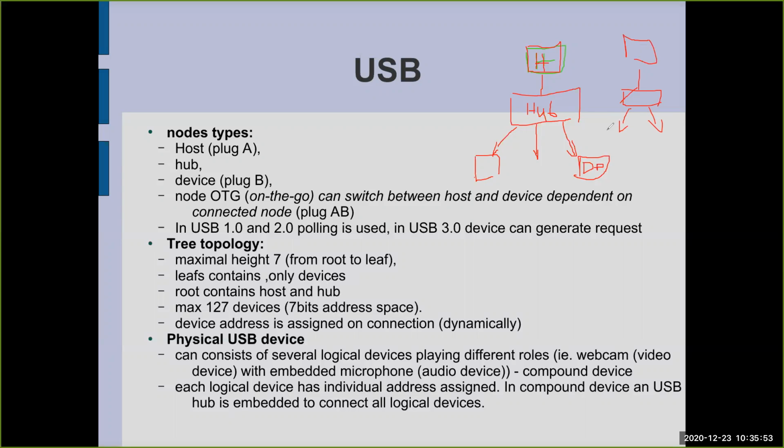So if we have many USB sockets in your computer, and we know that this socket belongs to a particular controller, and this socket belongs to a different controller, and we want to, for example, connect a high-speed device like an external hard drive.